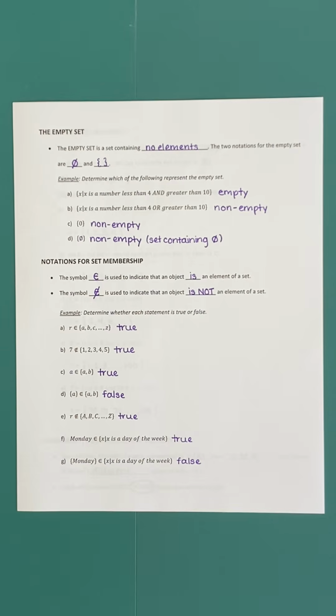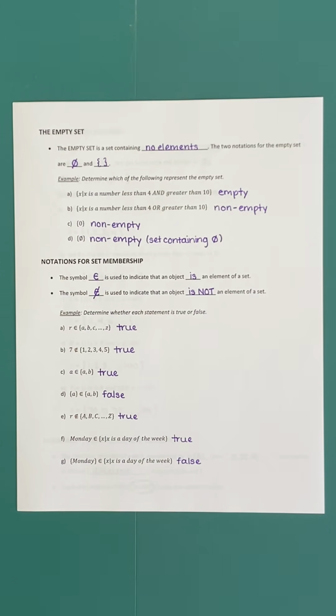So sometimes rather than writing no solution for an equation, you'll indicate that the solution set is the empty set. In other words, if you were to try to make a list of the solutions, because that equation doesn't have any, that particular set is going to be empty, hence the empty set.